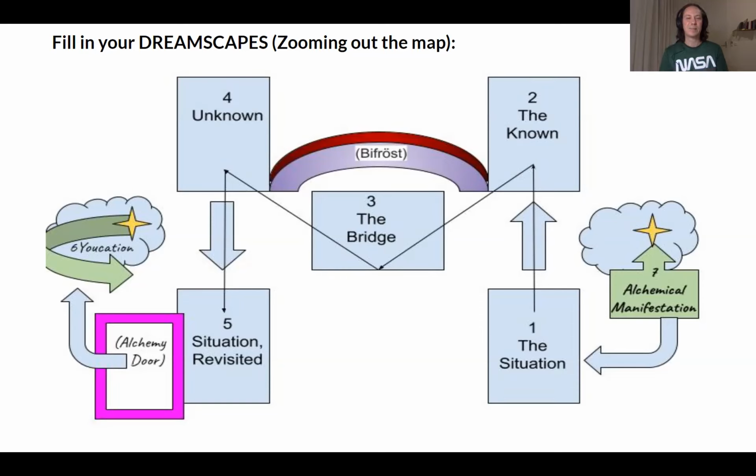This is a good time to allow yourself to go back to your original image from the beginning of the workshop. Take that as your image for phase 1, and imagine if you went through this process, what would the imaginal setting be of each next phase?